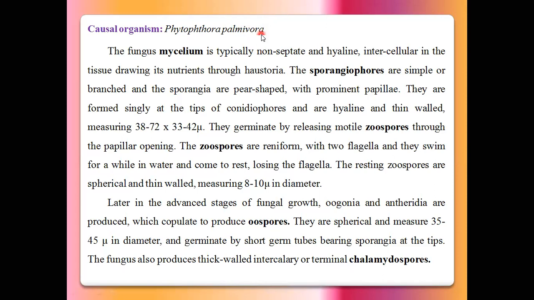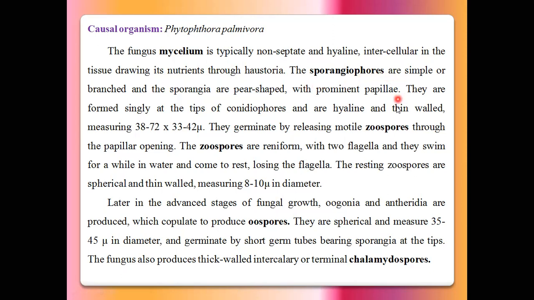This Phytophthora palmivora reproduces by two methods, sexual as well as asexual. The mycelium is always non-septate, hyaline and intercellular, and grows into the healthy host tissue. Finally it develops the sporangiophore.